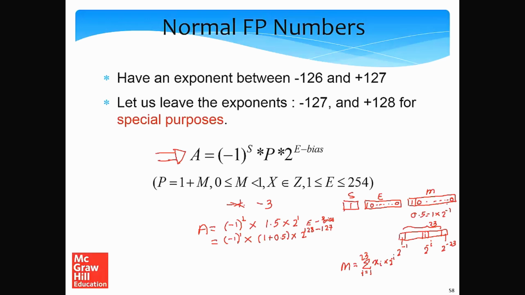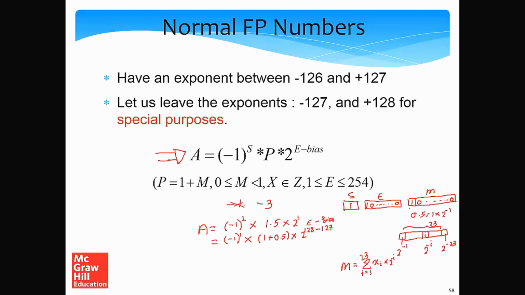Alright? And so it's actually very easy. First we represent the sign bit. Then we figure out the value of the E field by adding the bias to the exponent, which is 128. And then we figure out the mantissa. The mantissa, mind you, is strictly less than 1, and greater than or equal to 0.